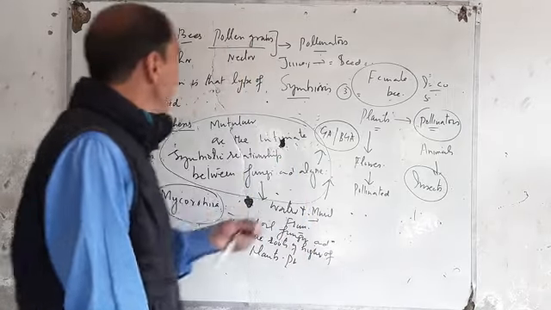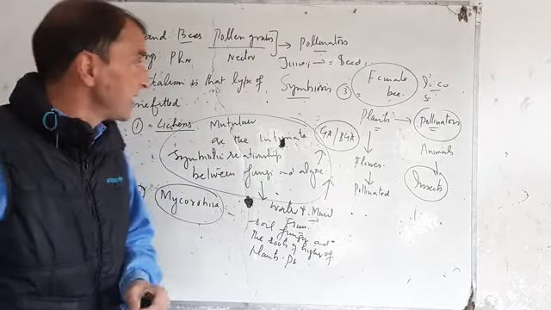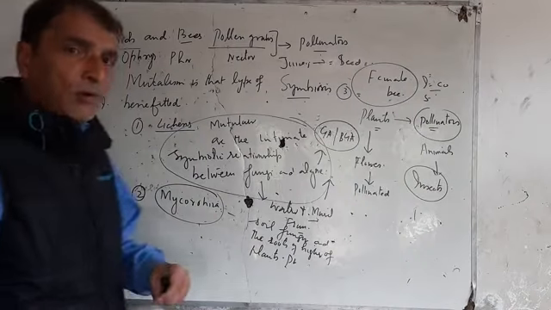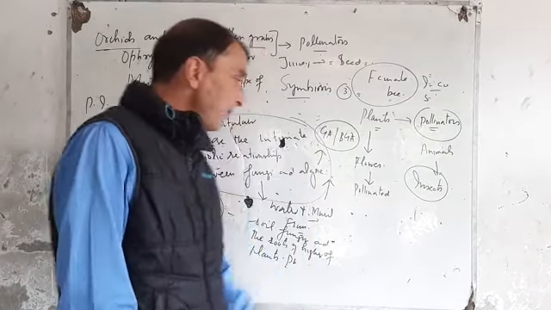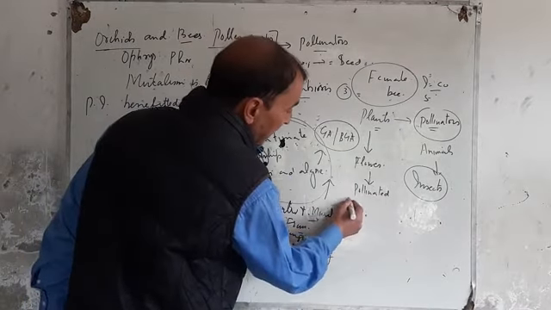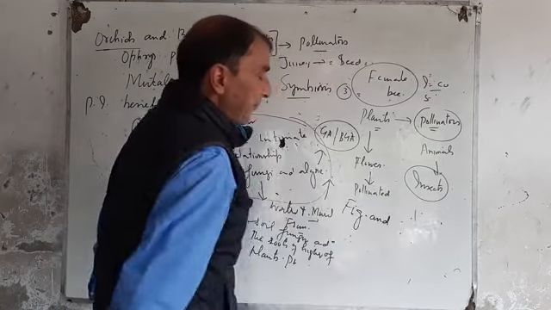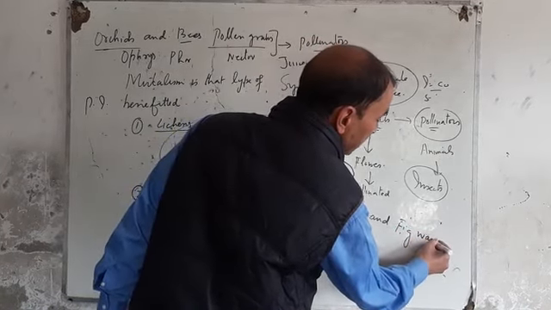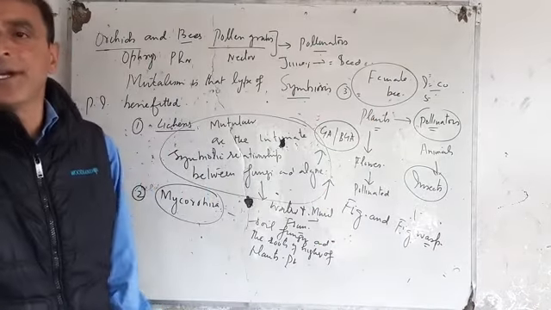The example is of mutualism, the association between Ophrys and bees. Now I will tell you another example. That example is between fig and fig wasp. Fig and fig wasp. This is another example of mutualism.